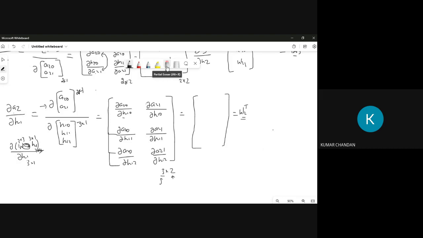In that case, dou H1 by dou H1 will come as the identity matrix I, which is 3 by 3, and W will be W. So without going through that, I can write it directly and it gives the correct answer. In that scenario we completely avoid the intermediate Jacobian matrix. So you keep W as W without any transposition if you follow the numerator layout.